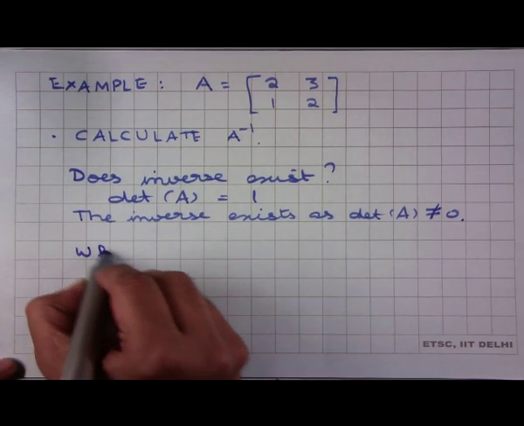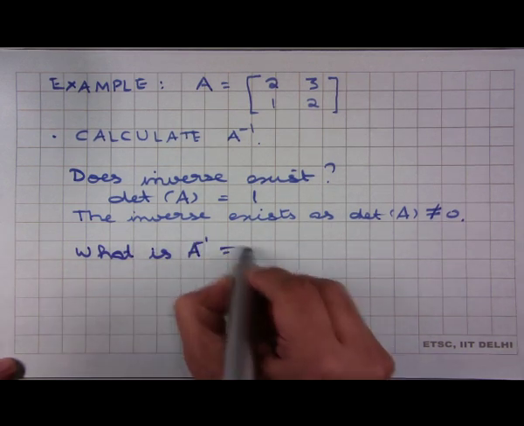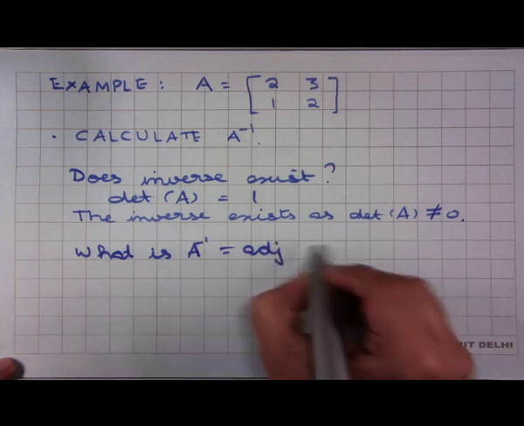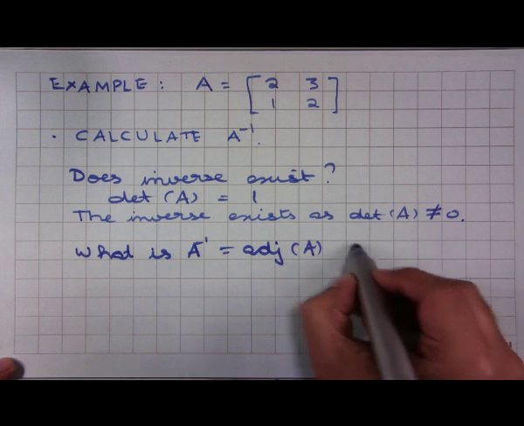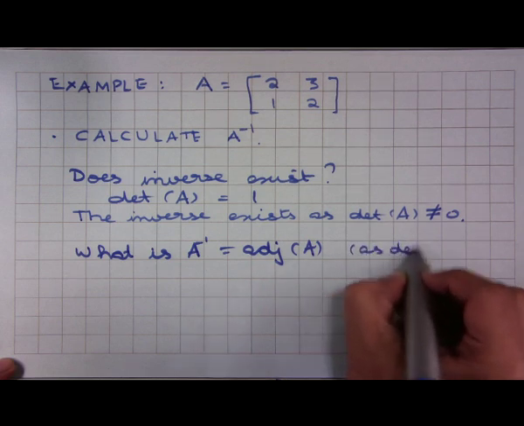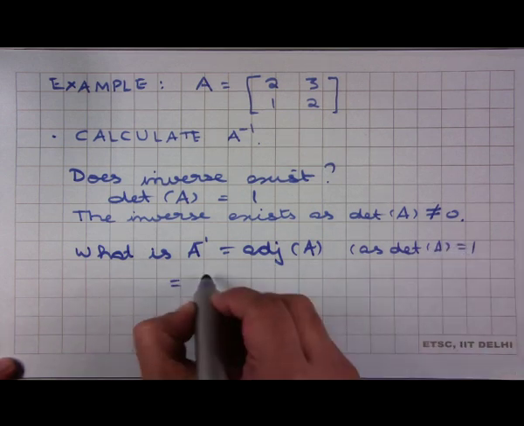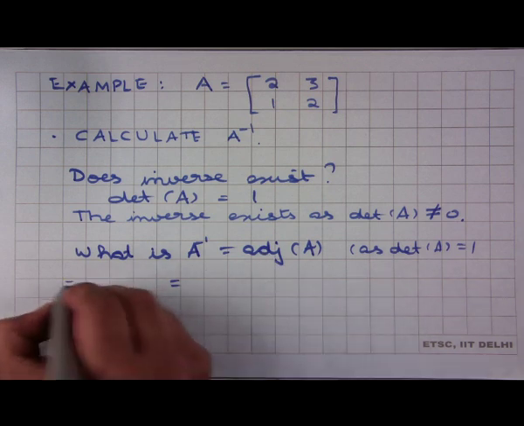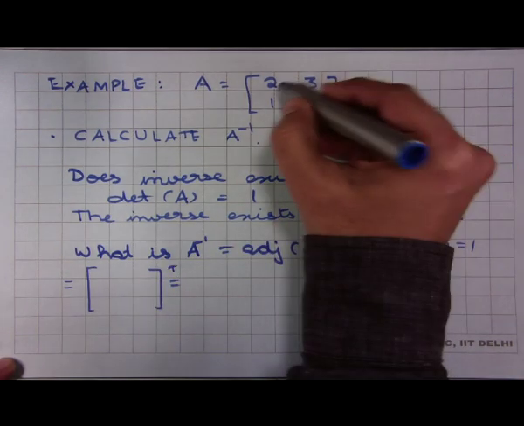So, what is the adjoint? Then what is A inverse? A inverse would be the adjoint of A, as the determinant of A is 1. The adjoint is the transpose of the matrix obtained by replacing each element with its cofactor.